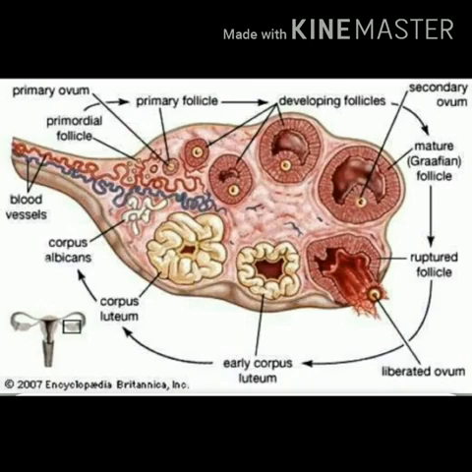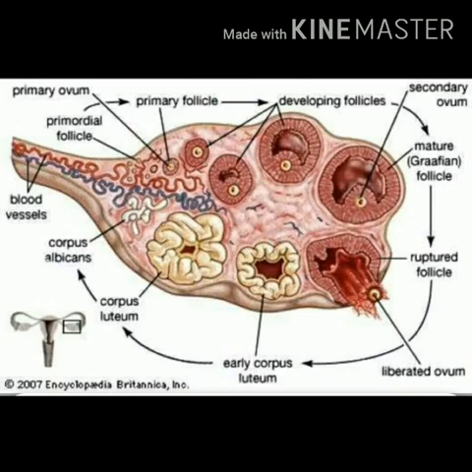You can see in the figure the primary oocyte starts its meiotic division. Meiotic division means what? In the 11th standard we already studied cell division, mitosis and meiosis, the two types of cell division. In meiosis there are two stages, meiosis first and meiosis second. Here the primary oocyte gets arrested at meiosis first.